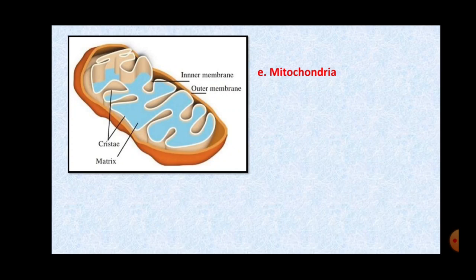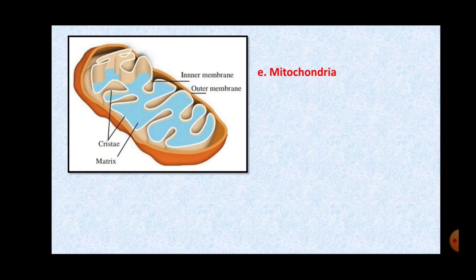And why these folds are there? To increase the surface area of the mitochondria. Because the biochemical process that takes place inside the mitochondria can take place on a larger extent. So the inner membrane of the mitochondria forms the folds due to which the surface area increases.